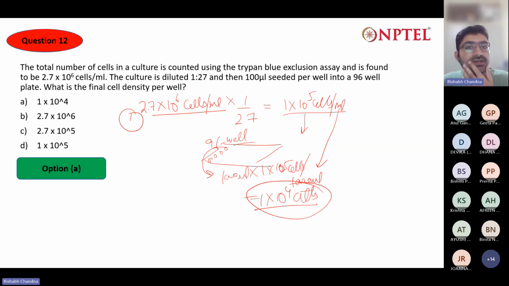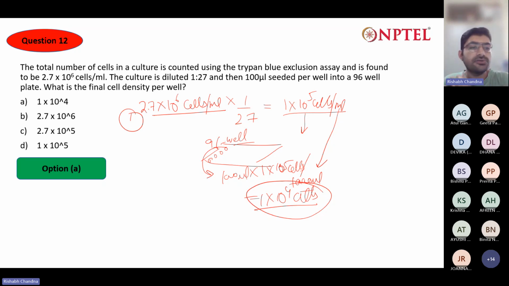For example, if you are seeding in a 24 well plate and you want around 30,000 cells in each well, you have to calculate the number of cells that you had from the plate that you are seeding, as well as the dilution that you make for cell counting.